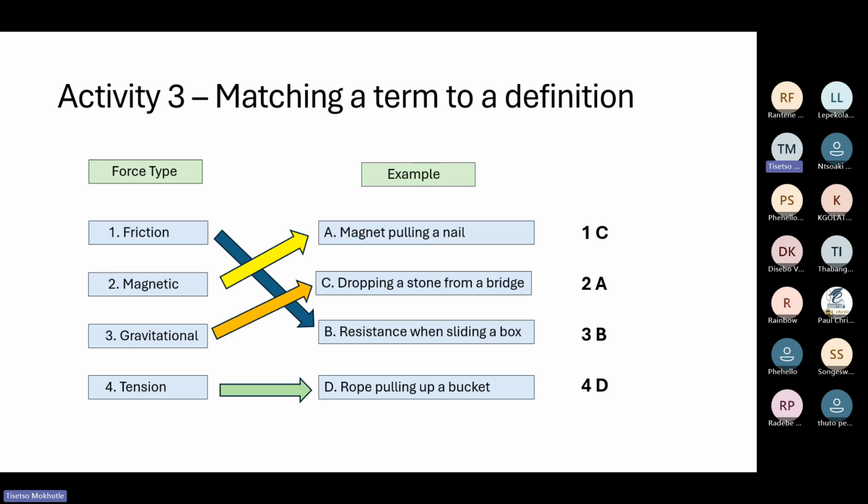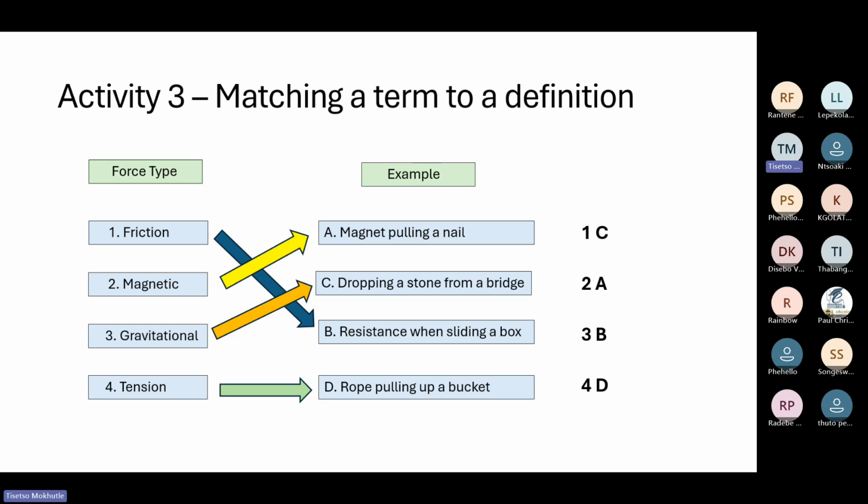So the answer, if you answer it there, it would have been 1B. It's just a mistake. The answer would be B here. And then the magnetic, the answer would be C. Just ignore the numbers in front. The answer would be C for number 2. The gravitational force, the answer would be A. These are just a mistake. It's a C here.